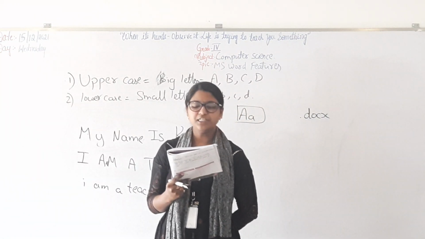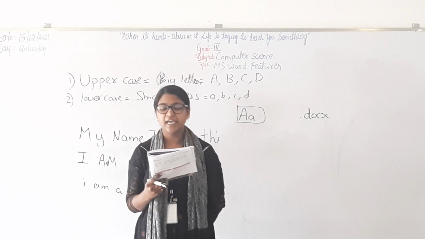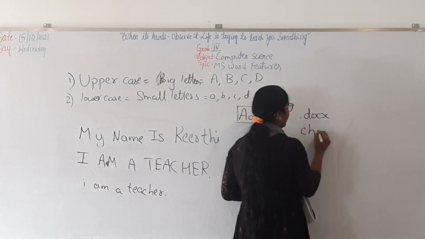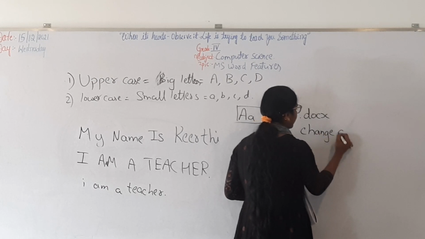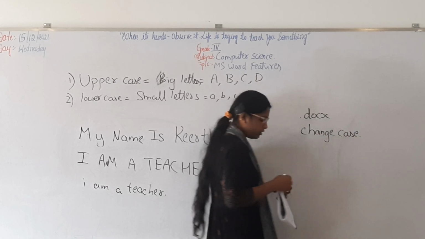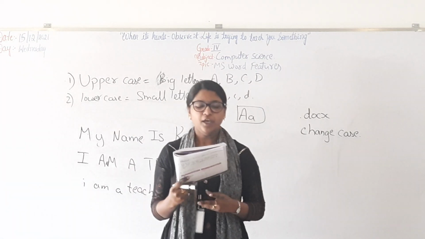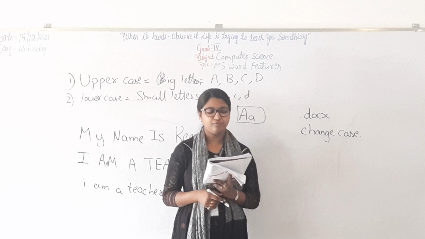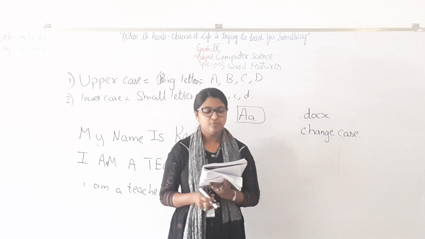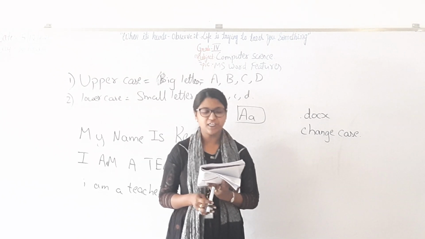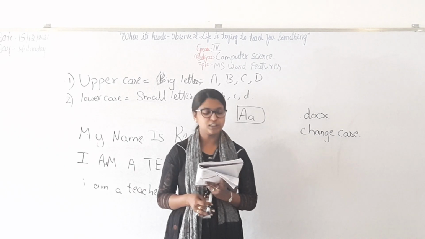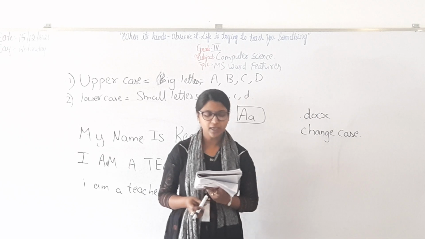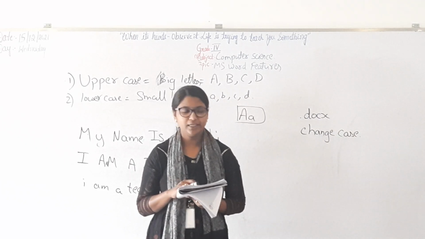C. The change case button allows you to change the case of an existing block of text. Next, true or false. You can create a numbered list using the bullets button in the paragraph group. False. B, formatting means making changes in a document. False. The bullets option is situated in the view tab. False. Please do the match the following by yourself.